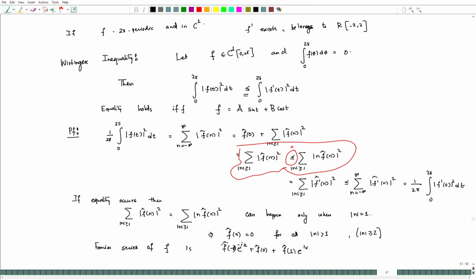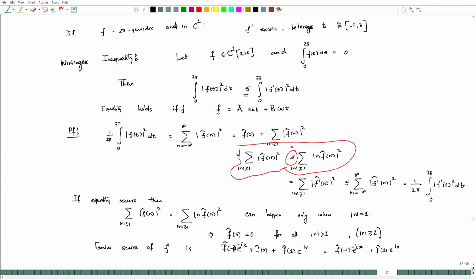We know that it is given that f hat of 0 is equal to 0, because the integral from 0 to 2 pi of f of theta d theta is equal to 0. So, this is nothing but f hat of minus 1 e to the power minus i x plus f hat of 1 e to the power i x.